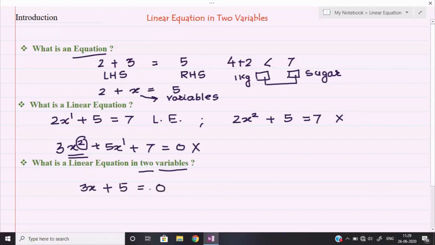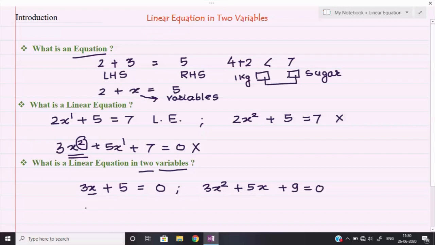Now tell me, how many types of variable are you observing? Basically only one variable. Suppose I write down 3x square plus 5x plus 9 is equal to 0. Now tell me how many. You may say the variables are given with different powers, but there is only one kind of variable I am observing, that is only x.